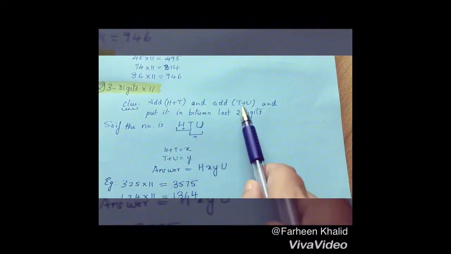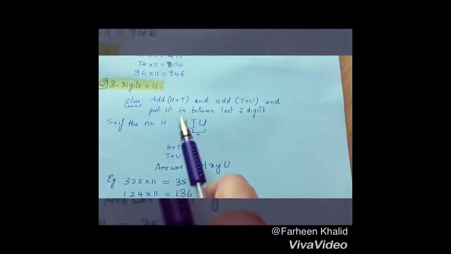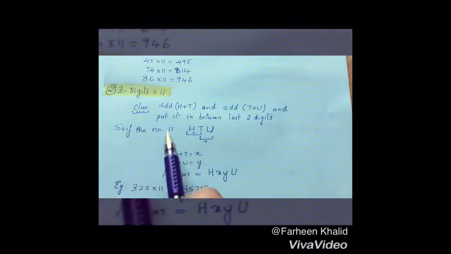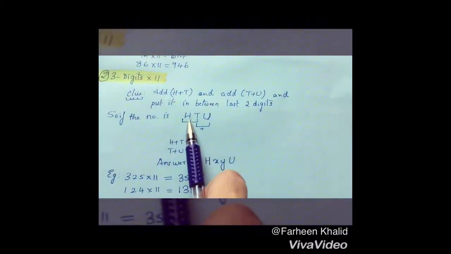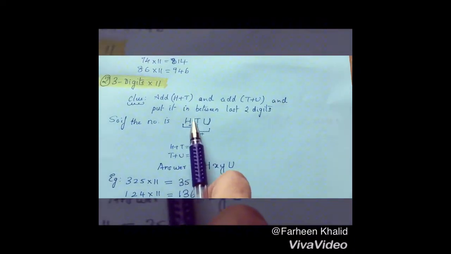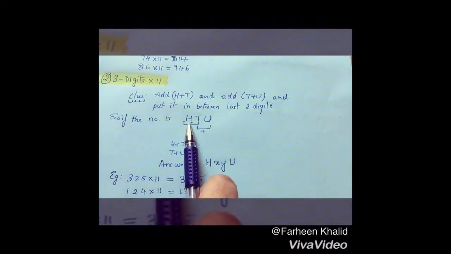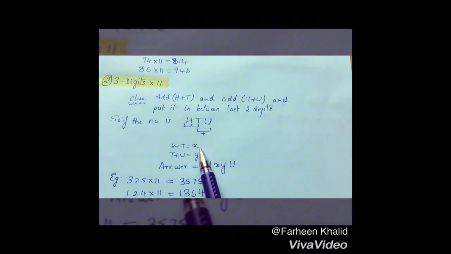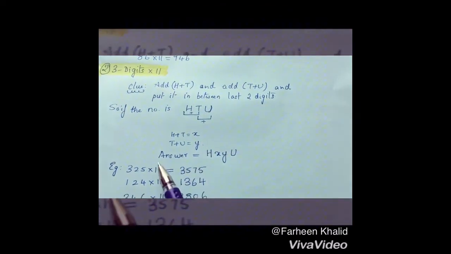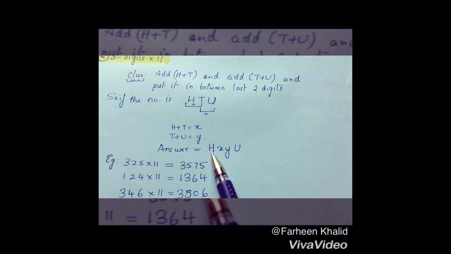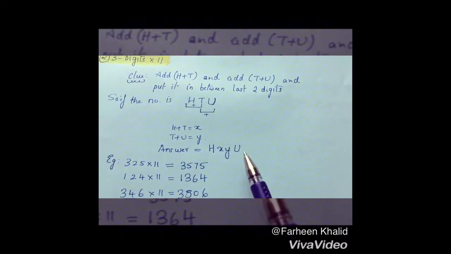Both these numbers you write in between the last 2 digits, which is the H and the U. Now let's say the number is HTU, which is hundreds, tens and units, then you do H plus T, which we have taken as X, then you do T plus U, which you have taken as Y. So your answer is going to be H, X, Y, U.